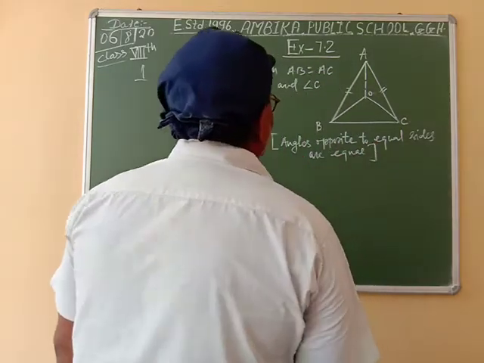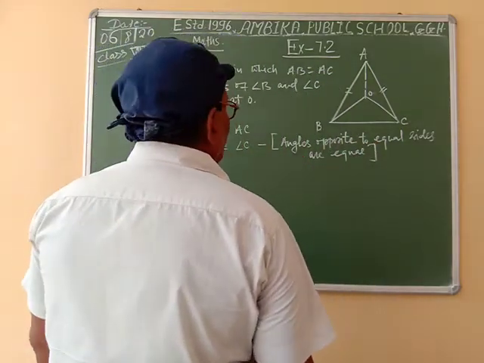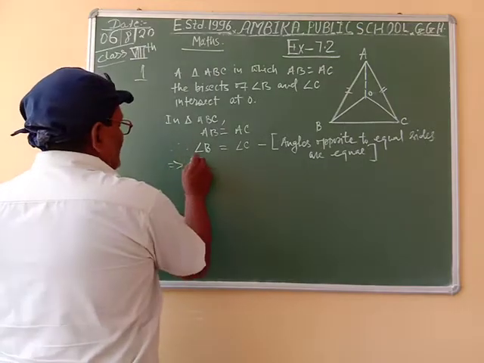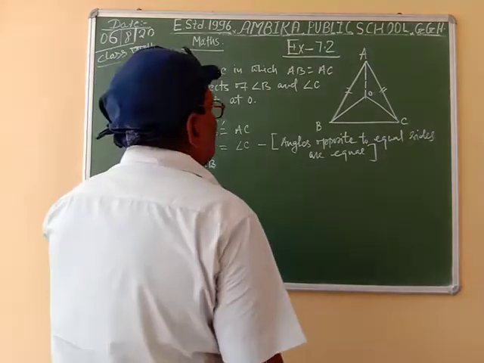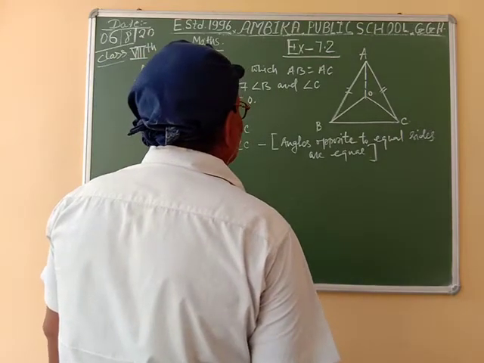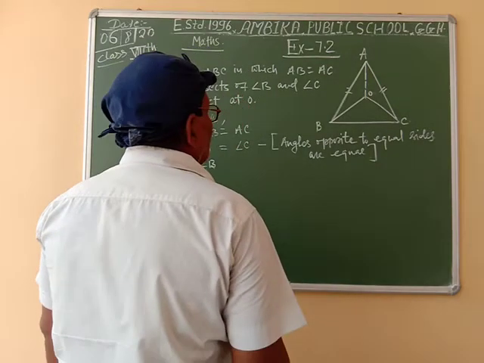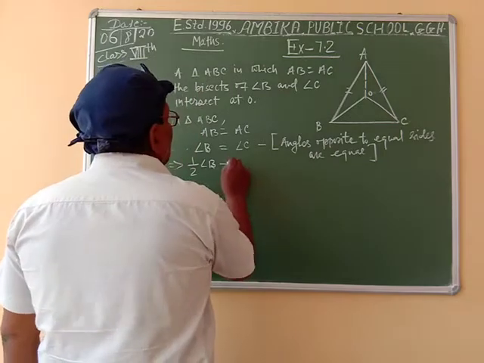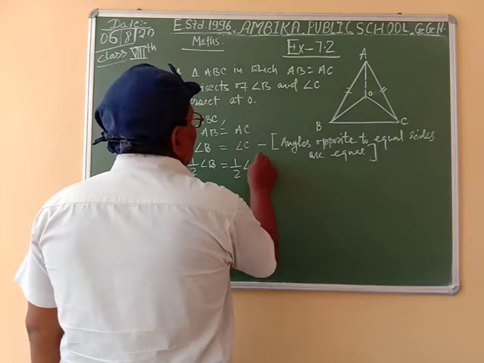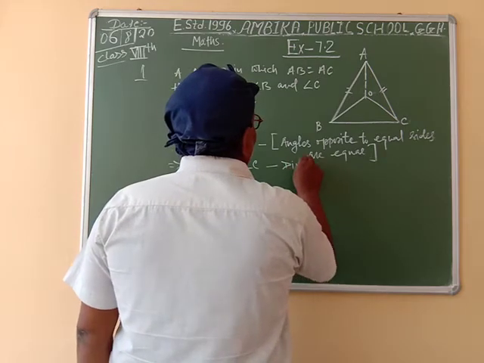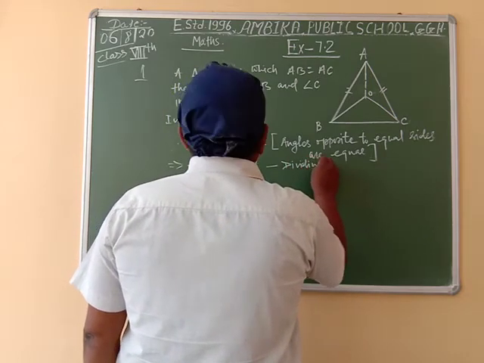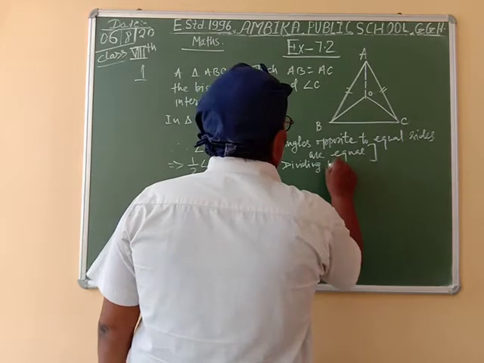Angle B is equal to angle C. Here, half of angle B is equal to half of angle C, dividing by 2.